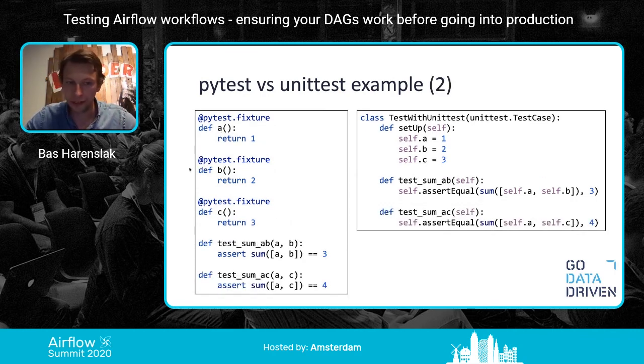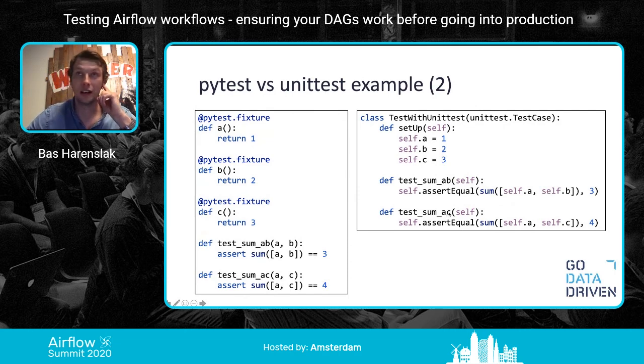This is basically what I explained. Let's say you have a third variable, self.c equals 3. Then in unittest you would just add it to the setup and then use it in another test. The thing here is that in test_sum_ac, the value of b is also accessible.